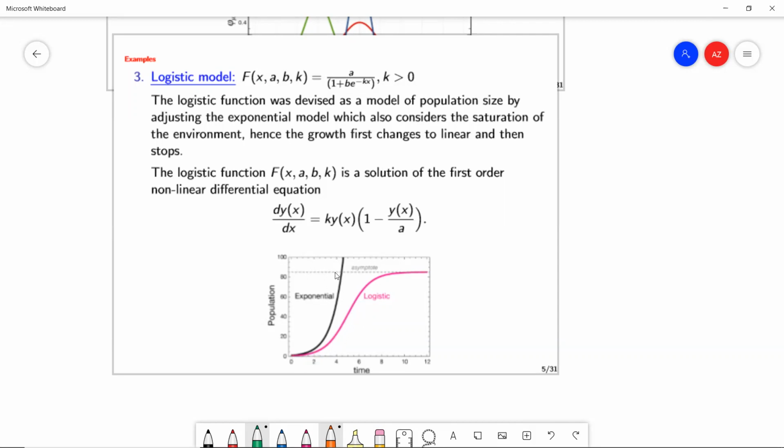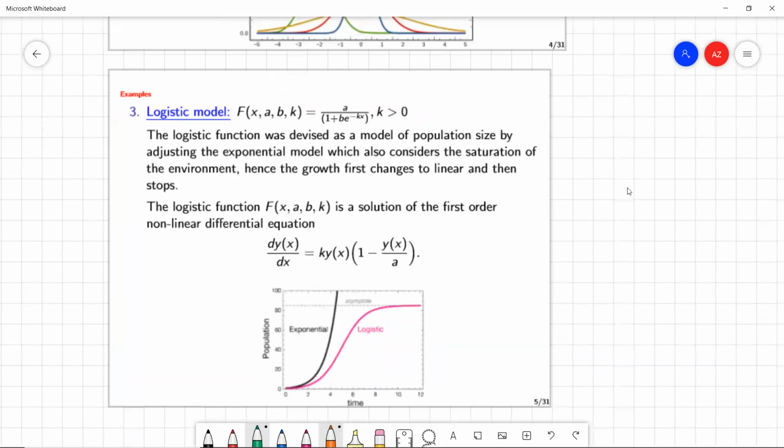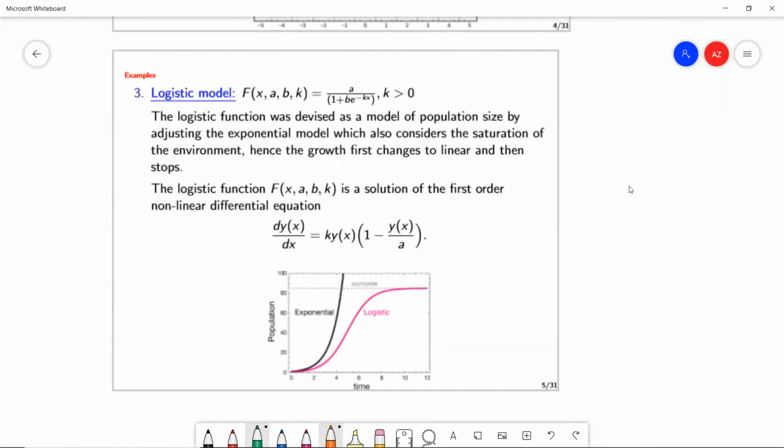And when the saturation of the environment is getting close, the growth stabilizes, it becomes linear, and then stops. So those are three models which occur naturally in modeling real life situations.